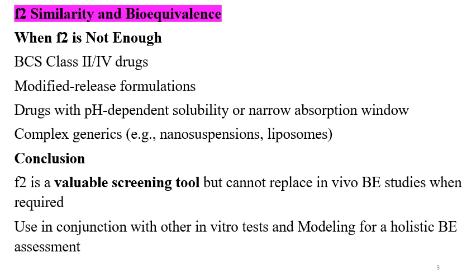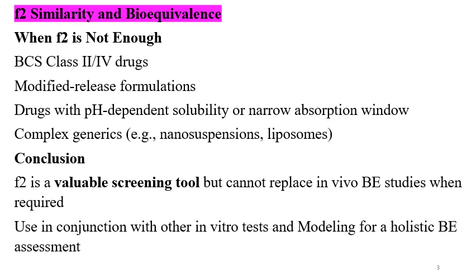It is used for bioequivalence, and we should use it to screen the batches, to compare the batches. Regulatory authorities also recommend the use of the F2 calculation, and we can submit the data as well.